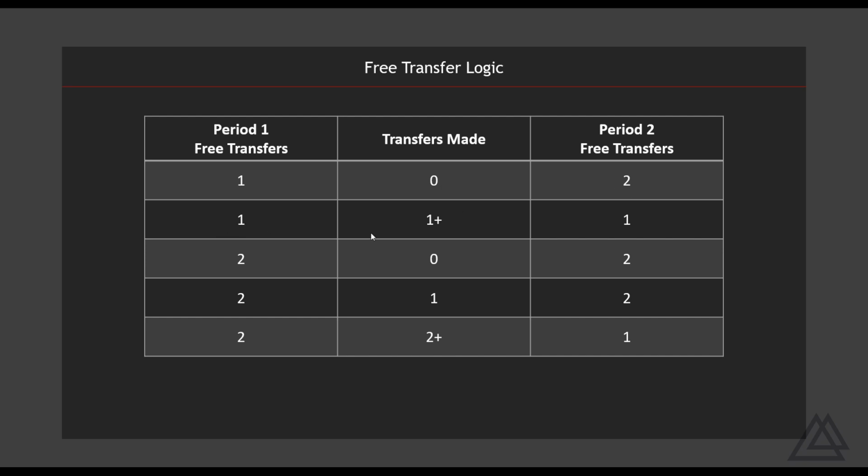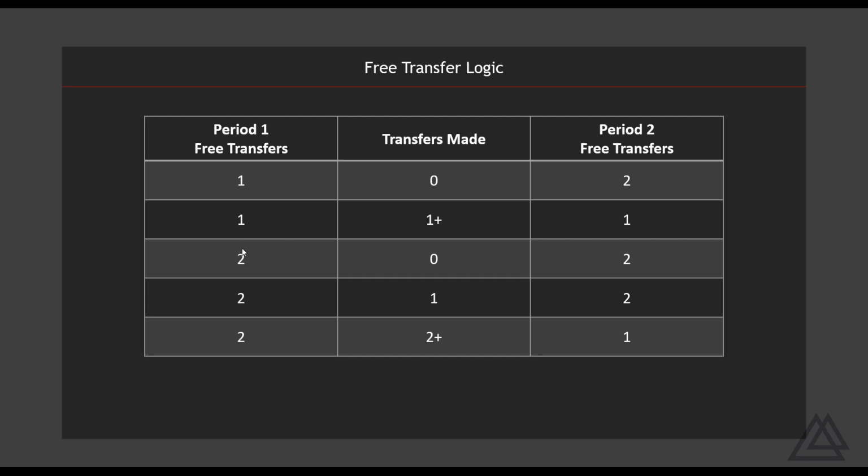If you start with 1, and then if you transfer at least 1 player, and this could be more than 1, like you can transfer 4 players and then 3 of them will be penalized, but in total then you will get only a single free transfer next week, because as you know, free transfers are always between 1 and 2. Either you have 1 free transfer or 2, and the only way to get 2 is if you don't spend all of your free transfers.